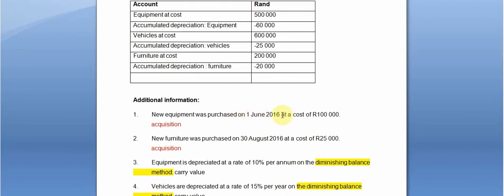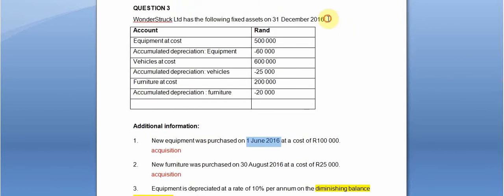So what do I do? I take this date and I count from the date given of the acquisition up to the date given with the trial balance or the summary. So they tell me that the year ends on 31st December 2016. So I need to count for how many months I have used this asset.